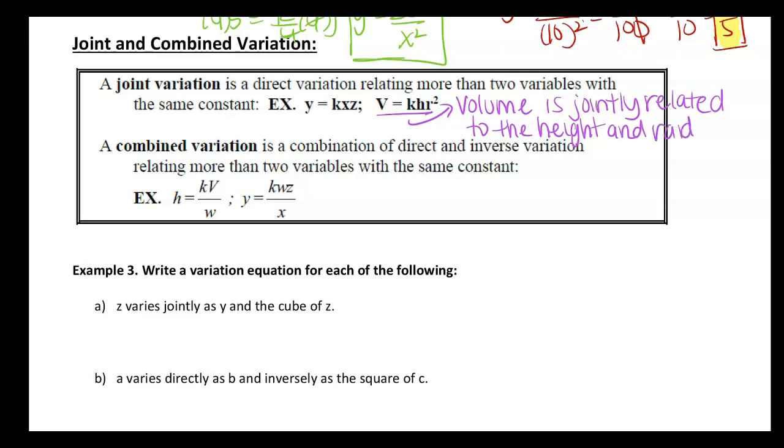That is supposed to say radius. Something like that. What this is telling you is you're relating it jointly.